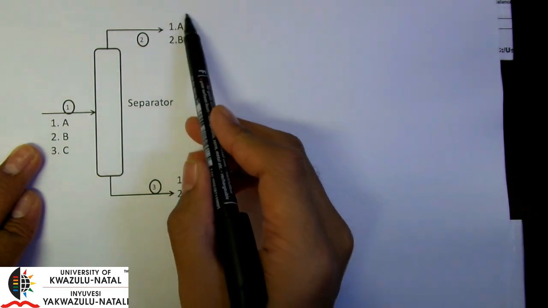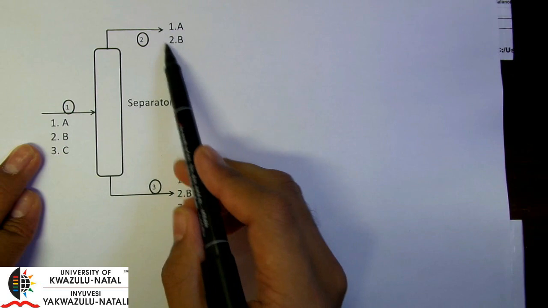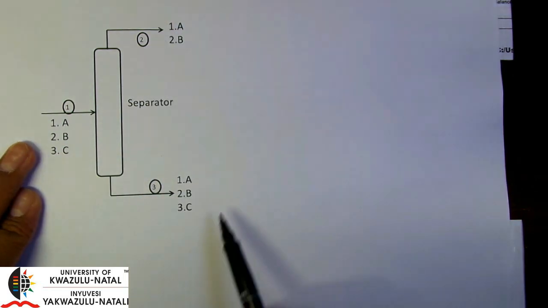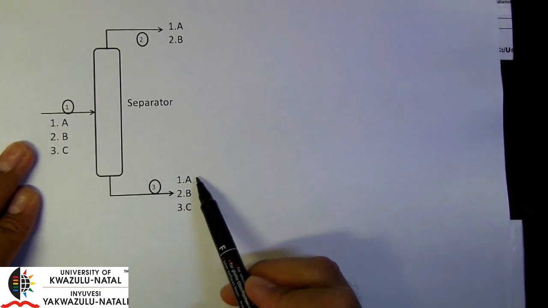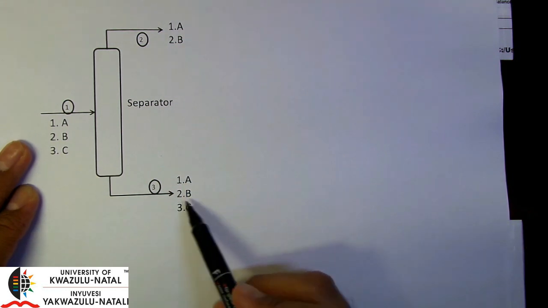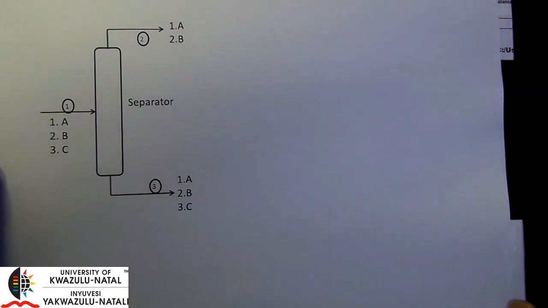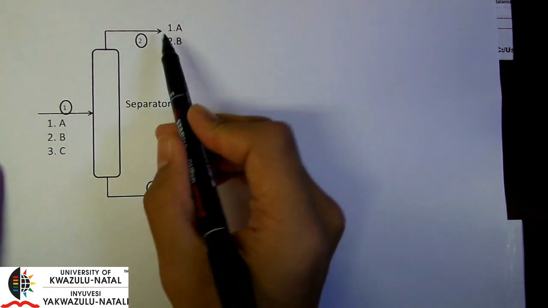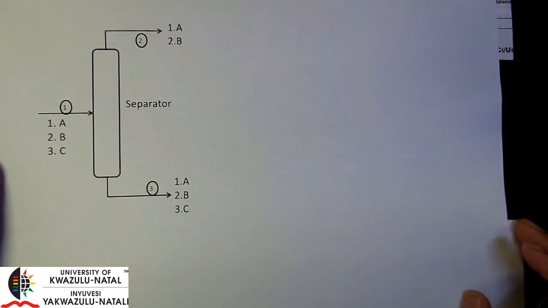It at least separates into 2 streams where we have A and B primarily at the top with no component C in stream 2, whereas stream 3 still has perhaps a small measure of A and B, and of course all of the C. Realistically, separation is not perfect, so we have many separation units. Both of these streams will go on to other separation units for further purification.